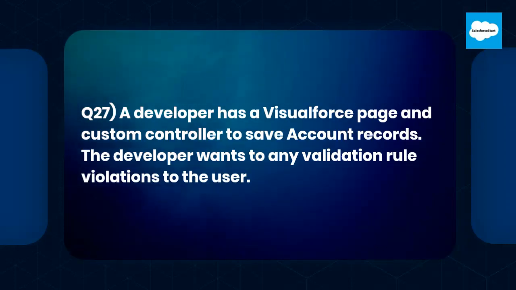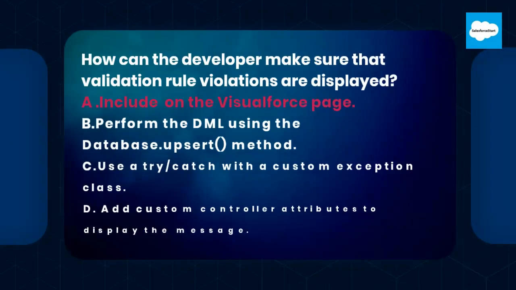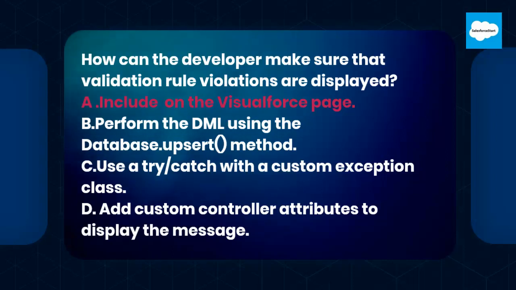Q27. A developer has a Visualforce page and custom controller to save account records. The developer wants to display any validation rule violations to the user. How can the developer make sure that validation rule violations are displayed?